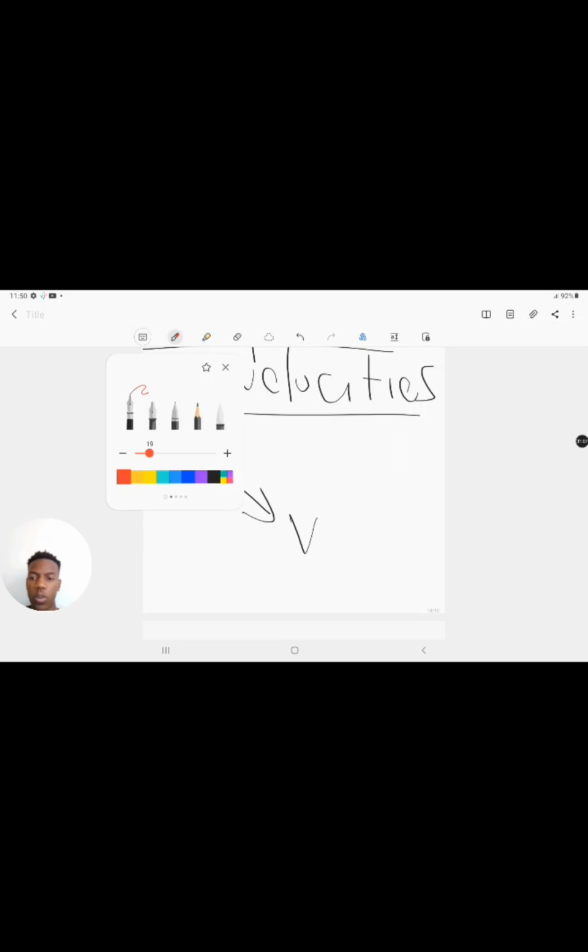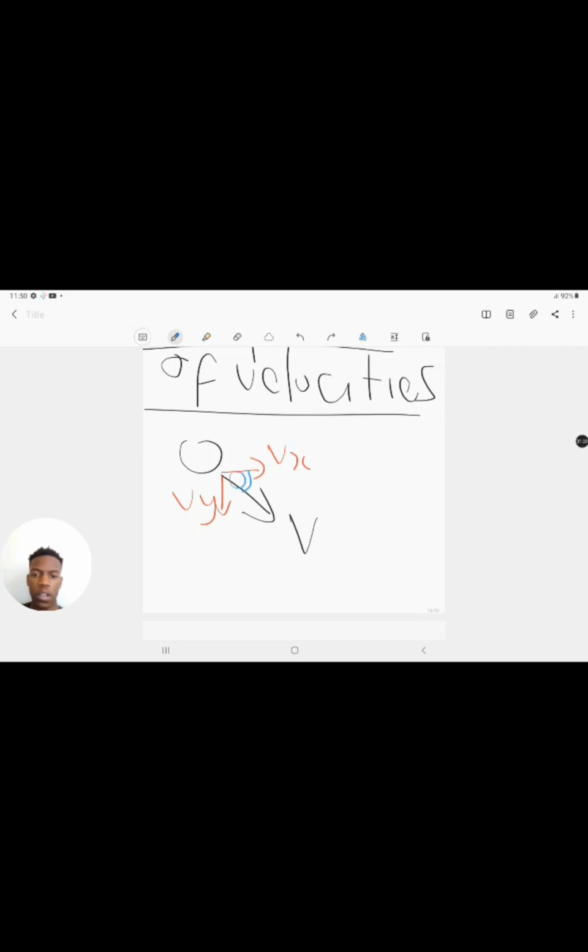To find the components, we had to find vy and vx. This is vx, this is vy. Right, how do we find vx and how do we find vy? Well, we need that angle there. This is theta. That angle is theta there.